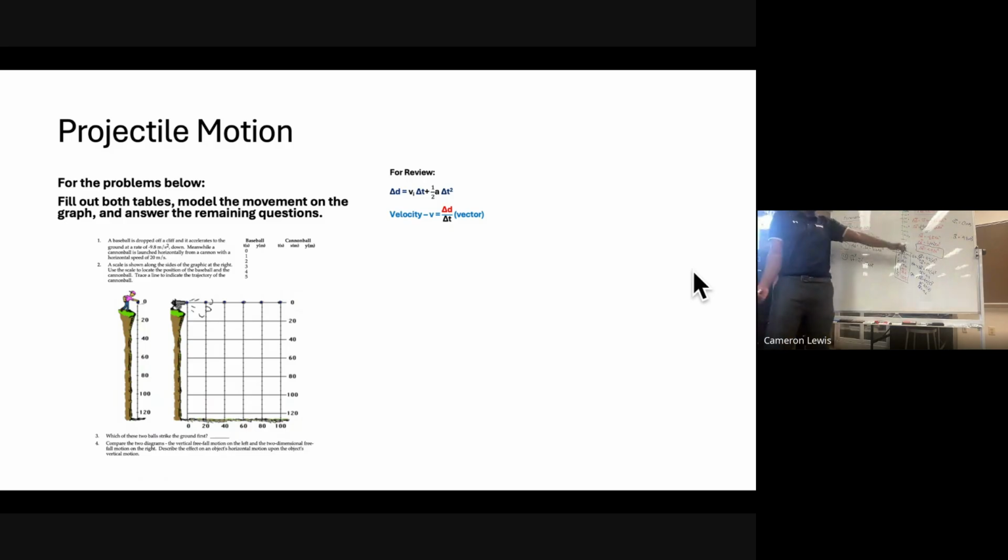Probably not the best, but what could you see about the motion of the baseball from just me doing the dots? What do you notice? How do you know it's accelerating? Now, Courtney, you said it online. You said it's constant. What makes you say it's constant?